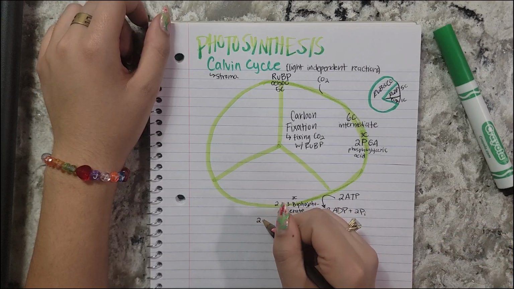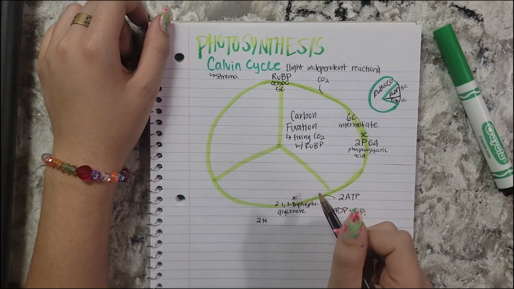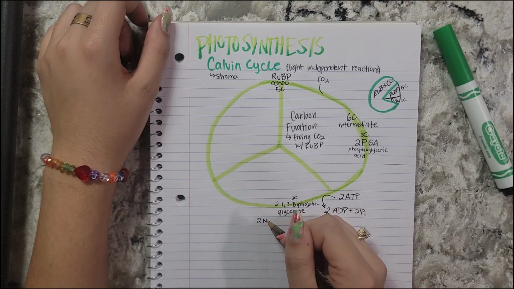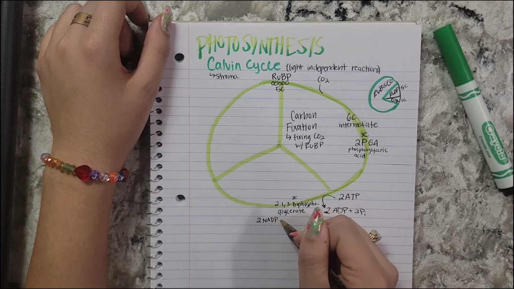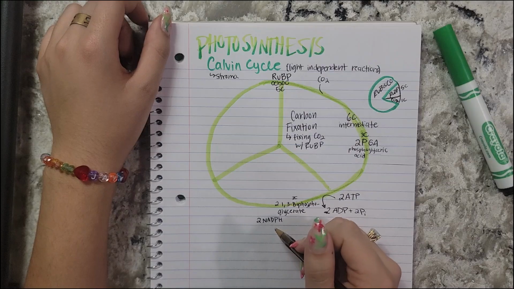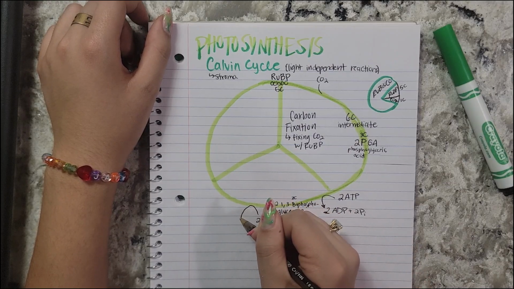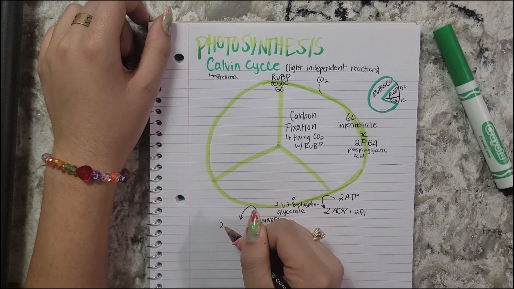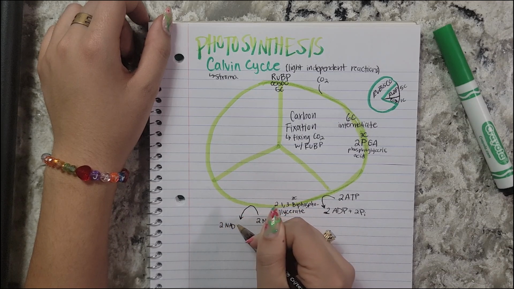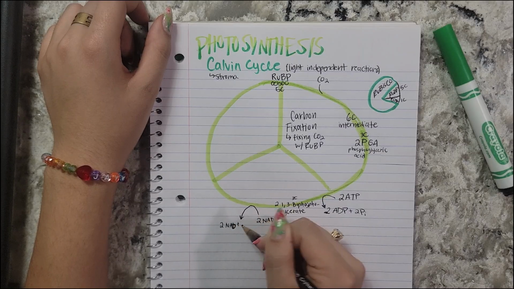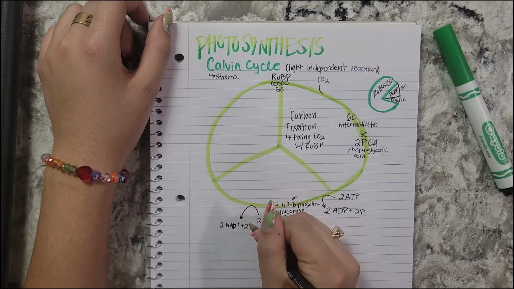Now, we're going to do something else. And that's going to earn this step its name. So we're using our NADPH that we made before. We're using 2 NADPH because there's 2 1,3-bisphosphoglycerates. And we're turning that into 2 NADP+ plus 2 inorganic phosphates.